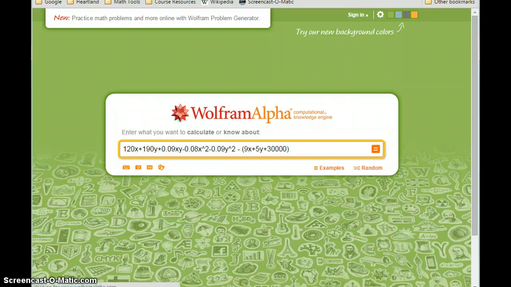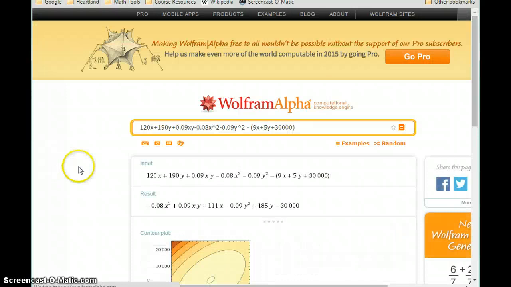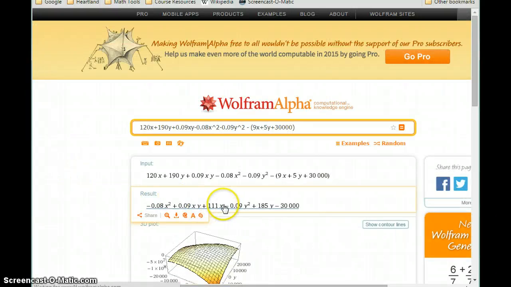So we're taking revenue minus cost to give us our profit function, which we get here. So we get this negative 0.08x squared plus et cetera, et cetera. So that's our profit function.